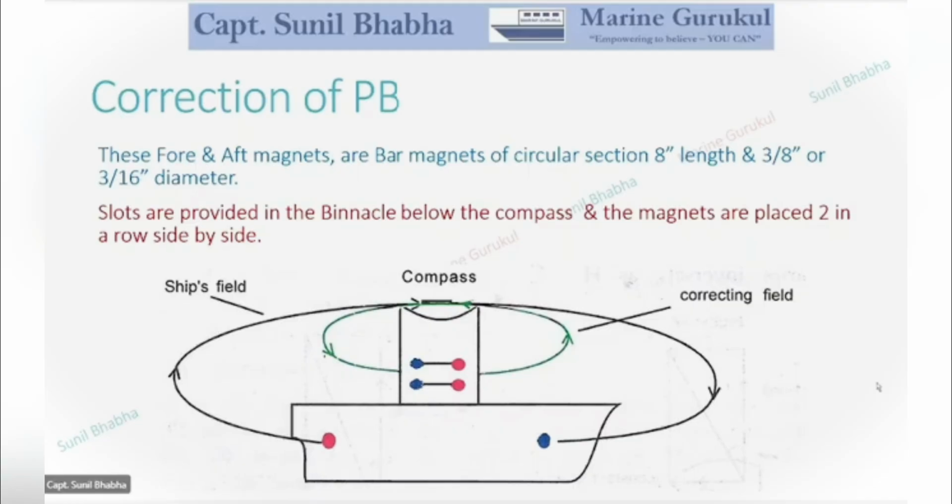The reason is that exactly in the middle of the binnacle, exactly below the compass, you have a periscope which is going into the wheelhouse. It is with the help of the periscope that you are able to see the magnetic compass at the helmsman location from the bridge. So because of this periscope, we cannot have the corrector magnet exactly below the compass location.